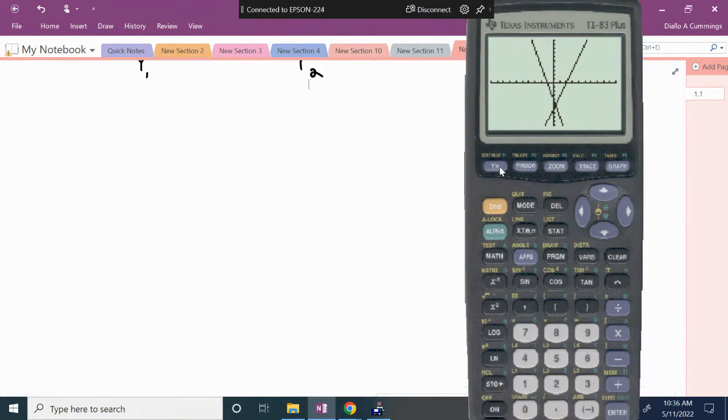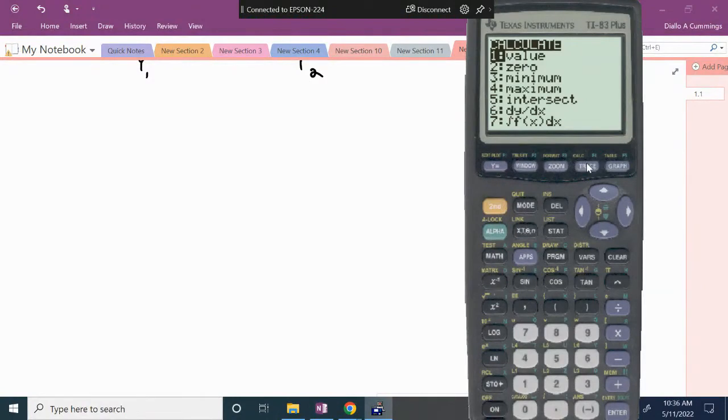I'm now going to go to calculate, which is second and trace. I want to scroll down to intersect.